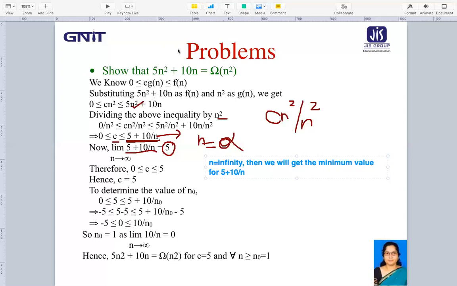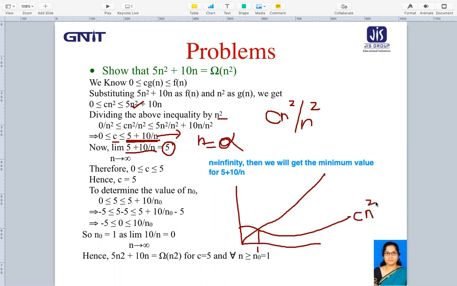So again, if I draw this, it will be something like this. So here is the 1. From here, if we go like this, this value is n0, 1. And in this case, this will be c of n square, rather 5 of n square.